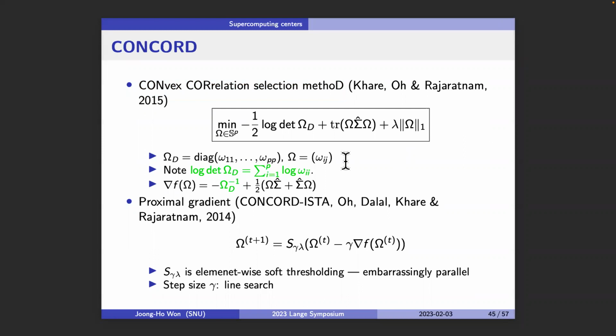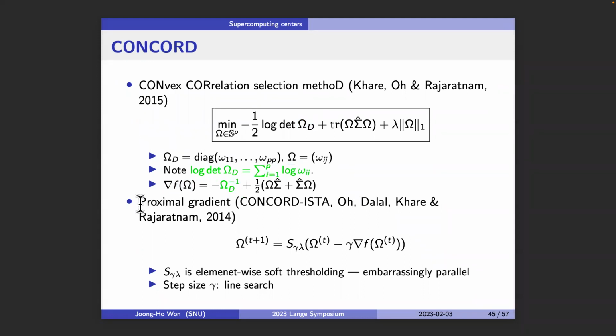The difference from graphical lasso is that the log determinant now involves only the diagonal part of the inverse covariance matrix. So the log determinant calculation becomes just a logarithm evaluation problem, much simpler to compute. And if you take the gradient of the smooth part, it involves the inverse of a diagonal matrix, which costs virtually nothing, right?